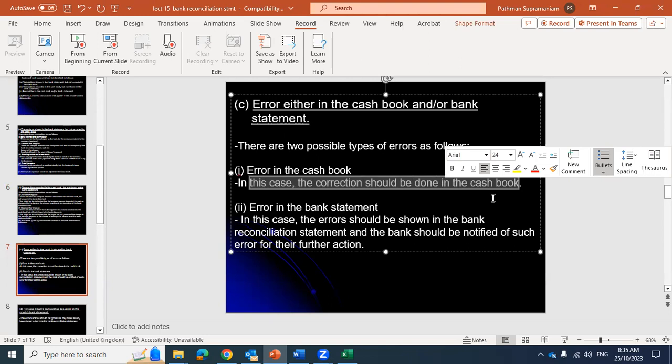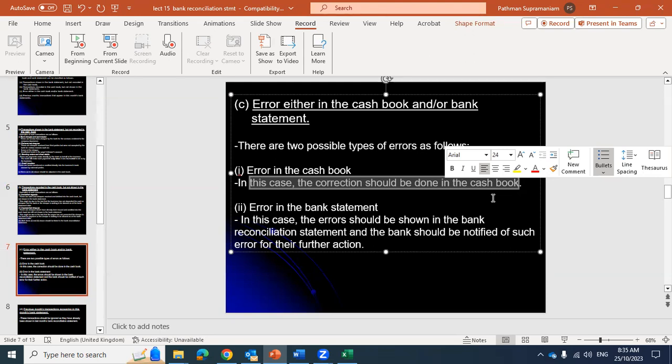Okay. But just to discuss errors, for example, maybe a business owner writes a check to someone for 1,000. He's supposed to record the 1,000 on the credit side of the cash book, but unfortunately he recorded it as maybe 900 for some reason.